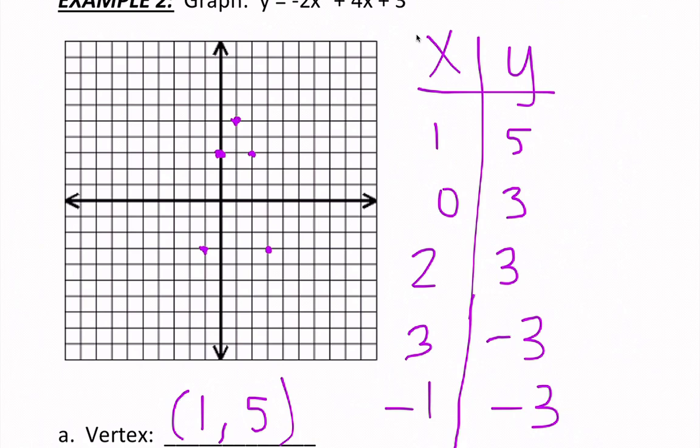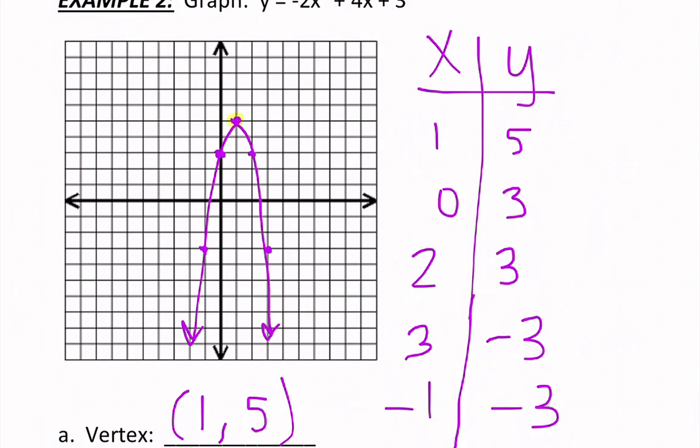Okay, remember we said that our vertex was at 1, 5. So from there, I'm going to turn this into a U-shape parabola. That was way off. Okay, it's off just a little bit, but.